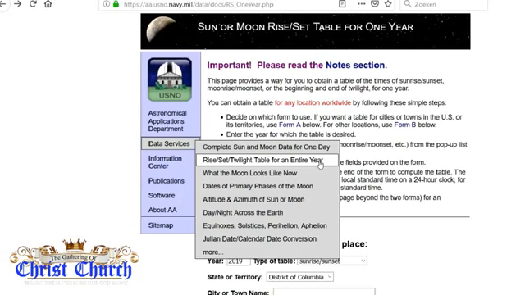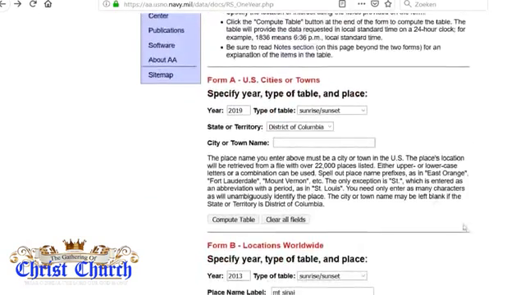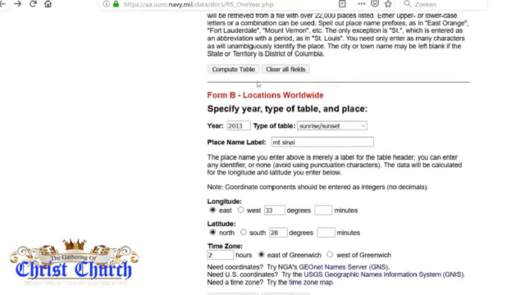And you click on that, and that takes us to the page we're at. We're here, all right? You go down to Form B, right here. Why? Because we're not calculating from the United States. We're calculating worldwide. Okay? Locations worldwide. All right?